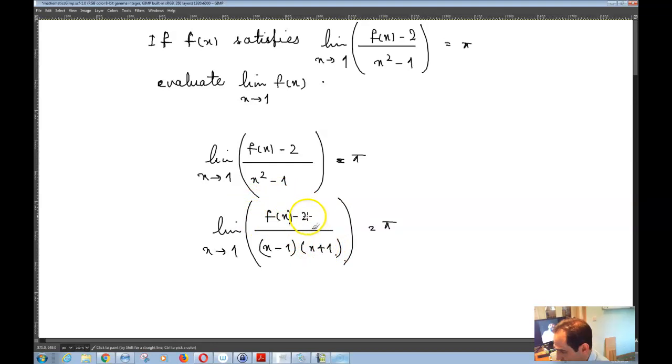One of the factors of f of x minus 2 must be either x minus 1 or x plus 1, because that way that common factor would cancel out, and then the limit could exist, or would exist. Now how do we solve this problem now?